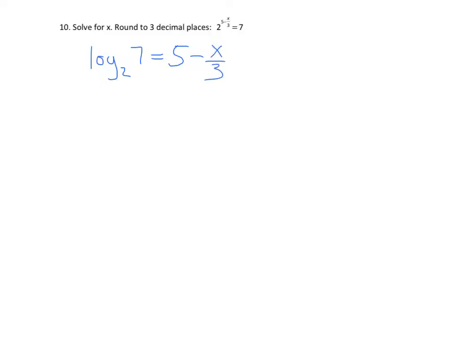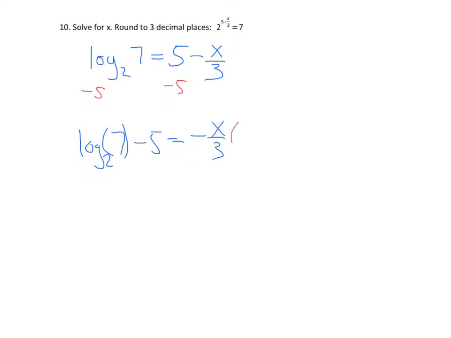And then to solve for x, all I would have to do is subtract 5 from both sides. And we get log base 2 of (7) minus 5. We put the 7 in parentheses so we know that the minus 5 is outside of the log, equals negative x over 3.